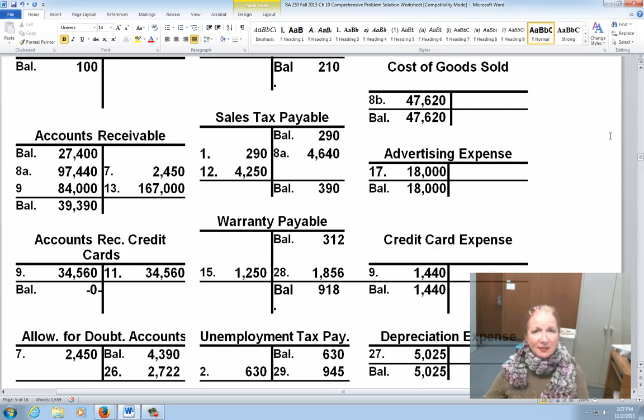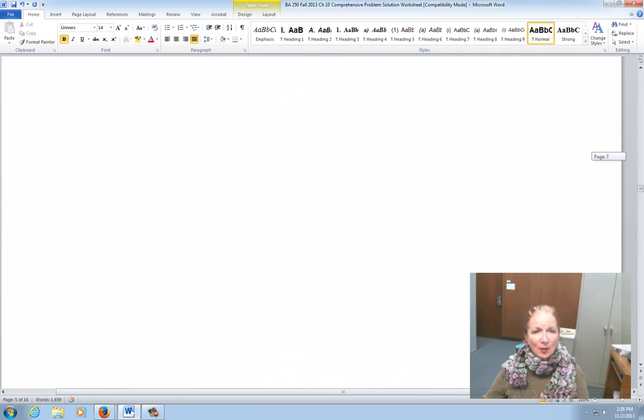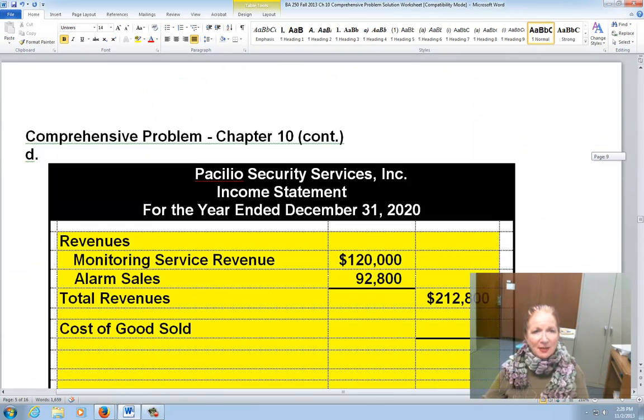It's a debit. So when I get down here to my income statement, I'm going to put this in here with brackets around it because I want it to be subtracted. And then I'm going to get my gross margin.